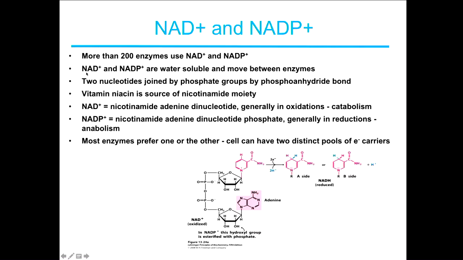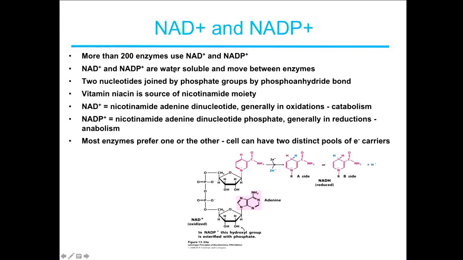These are water soluble, so they can float around in solution, and they move between enzymes. So they can pick up an electron in one enzyme, move somewhere else, and give it off. Or give one off somewhere and go around and find somewhere to pick up a new one.